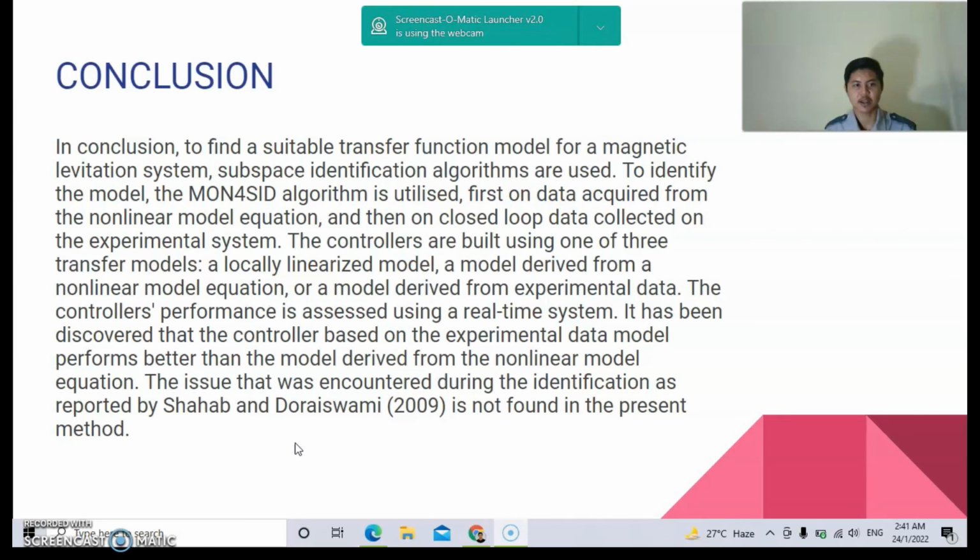It has been discovered that the controller based on the experimental data model performed better than the model derived from the nonlinear model equation. The issue that was encountered during the identification, as reported by Shahab and Doraiswamy 2009, is not found in the present method.